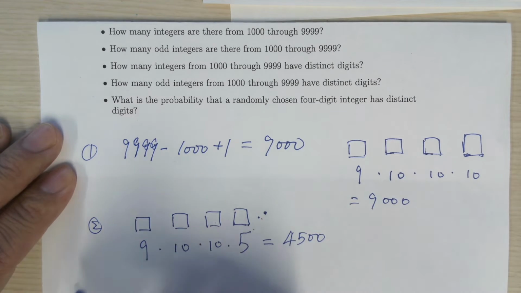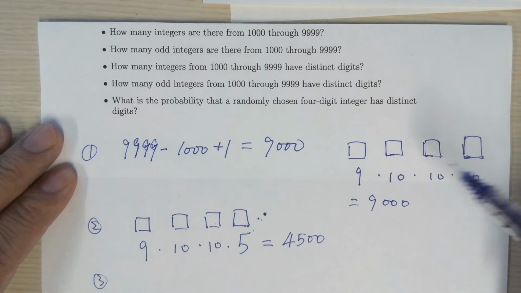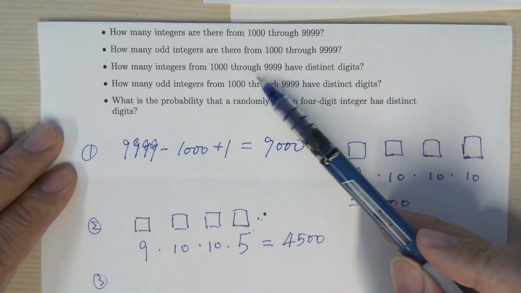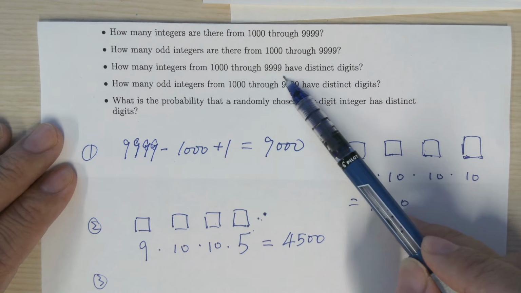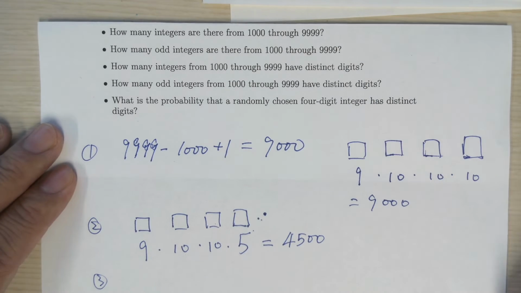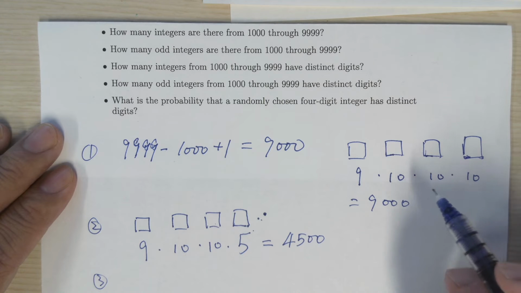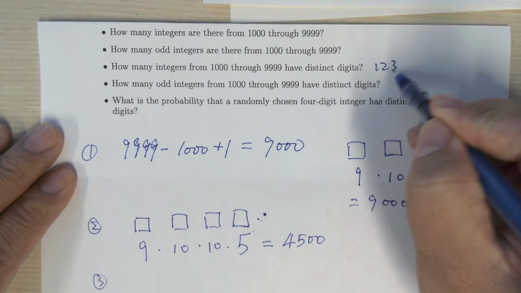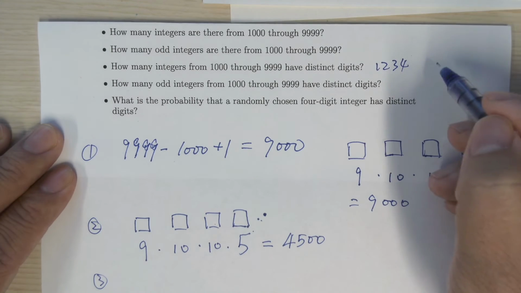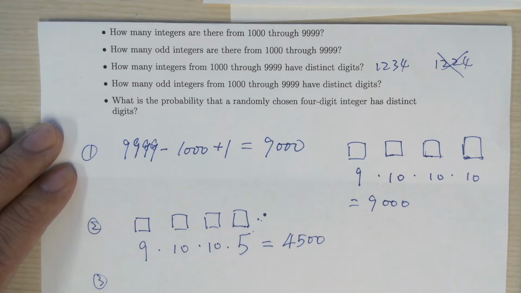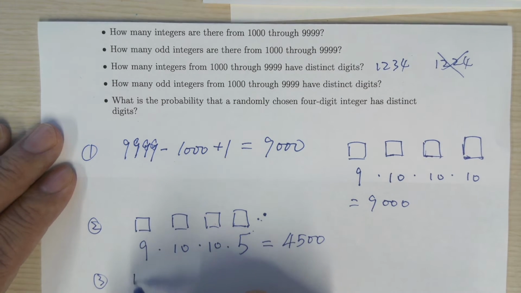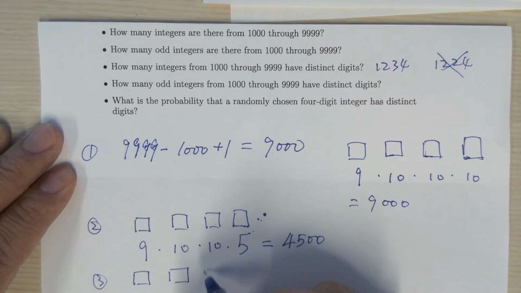So number 3, how many integers from 1000 through 9999 have distinct digits, okay? Talking about distinct digits, in other words, 1, 2, 3, 4 is good, okay? But you cannot have 1, 2, 2, 4, okay? So this is not good. Still, we can borrow this idea, right?